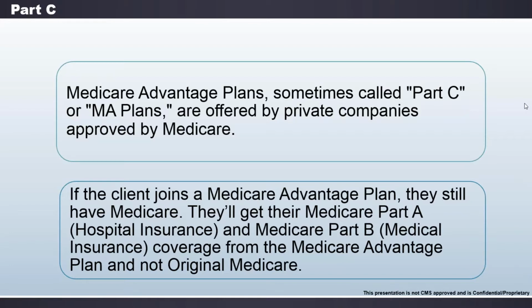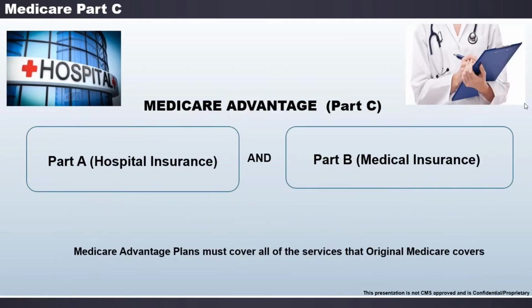They'll get their Medicare Part A hospital insurance and their Medicare Part B medical insurance coverage from the Medicare Advantage plan and not original Medicare. So as I said when we first started, look at C as though you're putting A and B together. So, just formatting how it lays out for Medicare Advantage C.